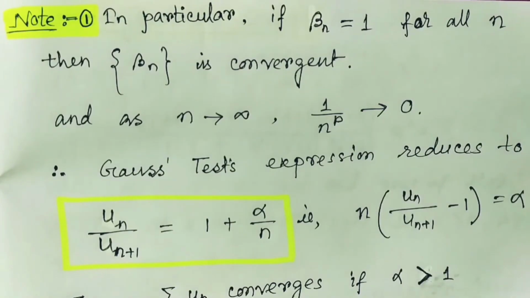Now I am going to discuss some important features of this Gauss test. From the beginning I am telling you that Gauss test is the generalization of the Raabe's test. So for some particular situation, we will definitely derive the Raabe's test from this Gauss test. So that we are going to derive now.